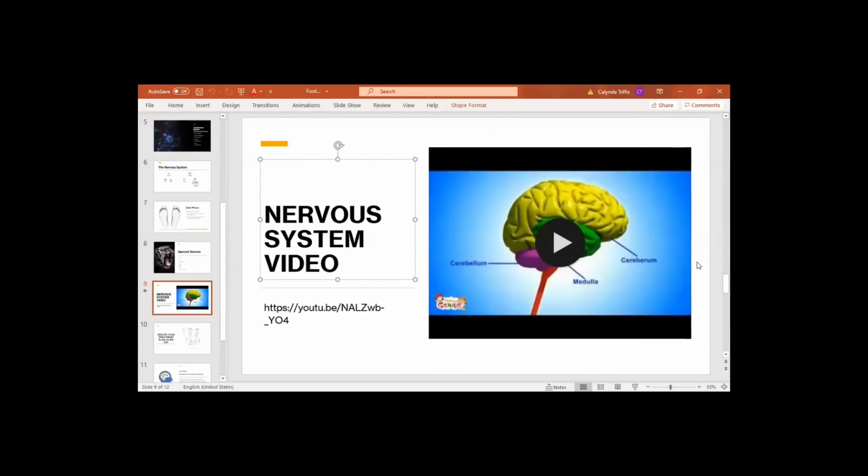Okay, so if you look at page 712 in the manual, you can actually see all the different conditions that are involved with the nervous system.